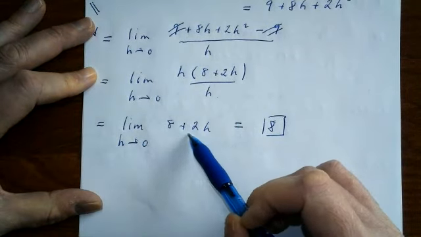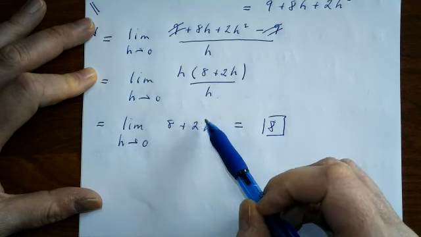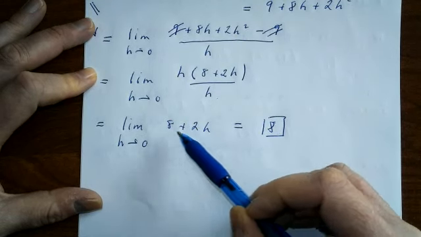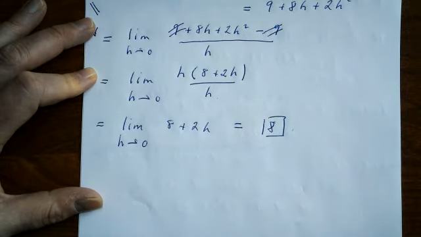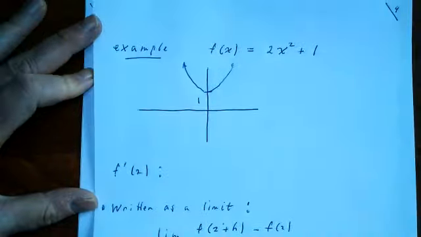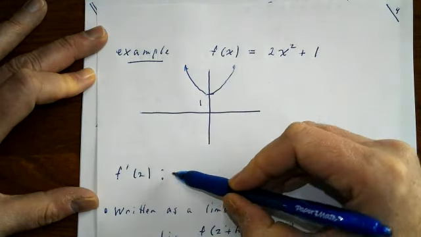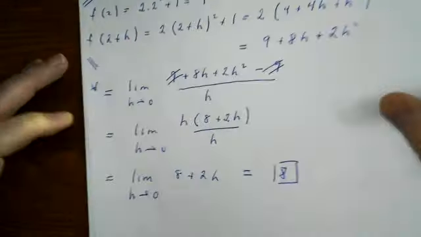Now we have the limit as h goes to 0 of 8 plus 2h, and as h gets closer to 0, this gets closer to 8, so we can simply plug in 0 for h, and we get 8. So that means the slope of the tangent line to the function 2x squared plus 1 at 2, f prime of 2, the slope of that tangent line is exactly 8.